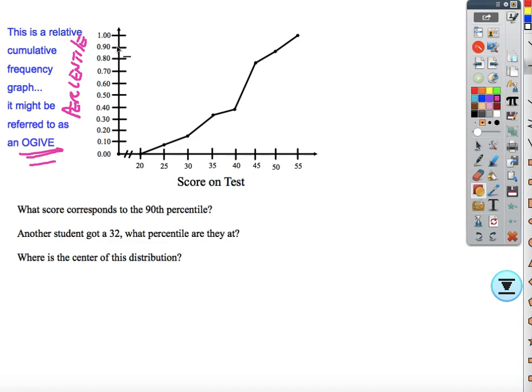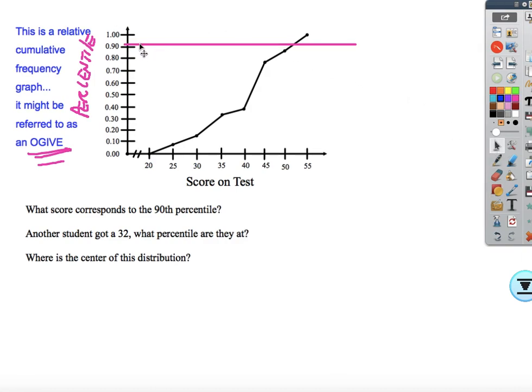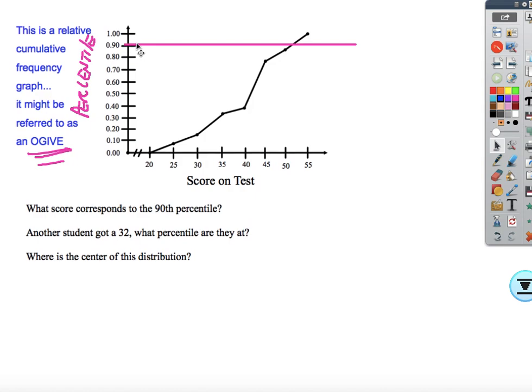Okay, let's see if this works. 90th percentile would be somewhere around there. And so what I want to do is look to see where it hits the graph, and then I'm going to look from there down. So if I eyeball down from there, I would say like 52 would maybe be the score.